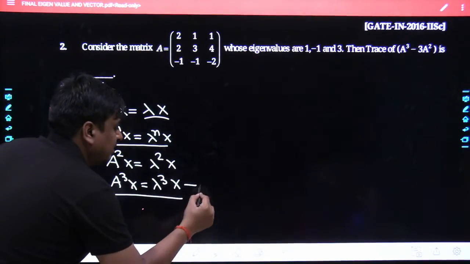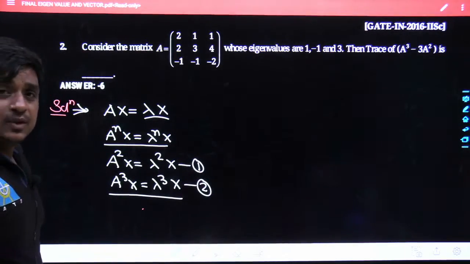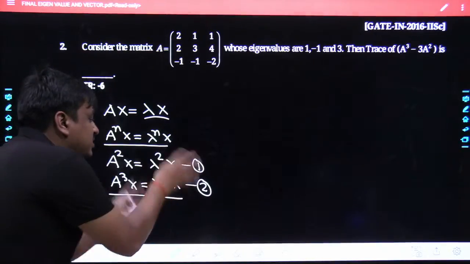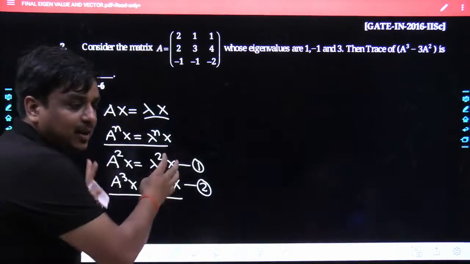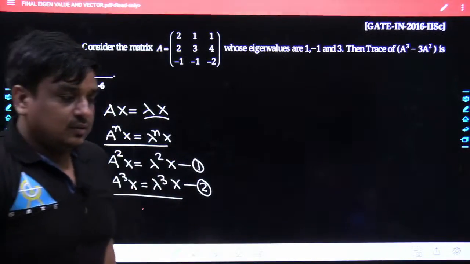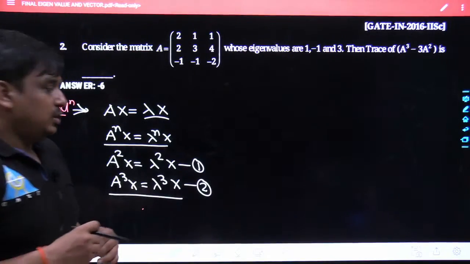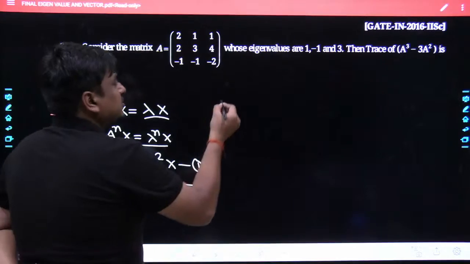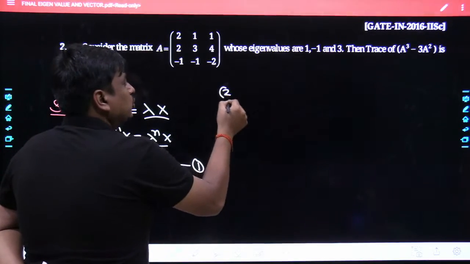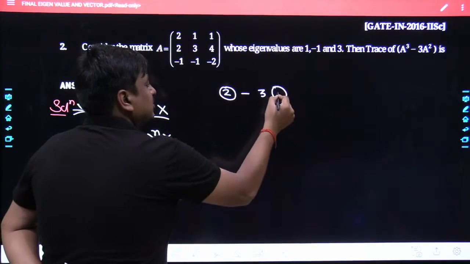See, let me take this as equation number 2 and let me take this as equation number 1. I am just manufacturing this complete structure in the form of this. Is that part clear? Then what will happen? I am taking equation 2 and subtracting equation 1 multiplied by 3.